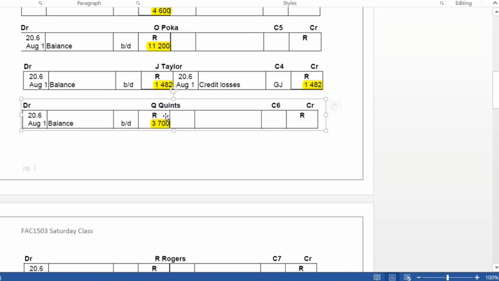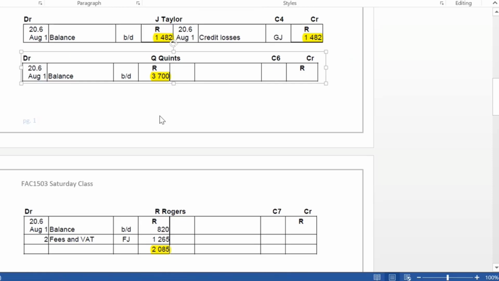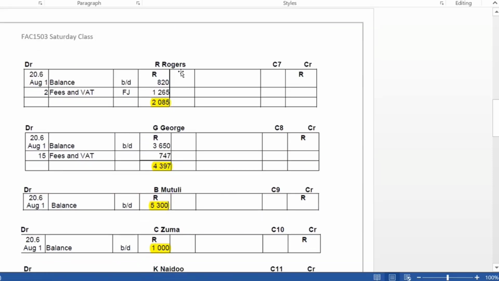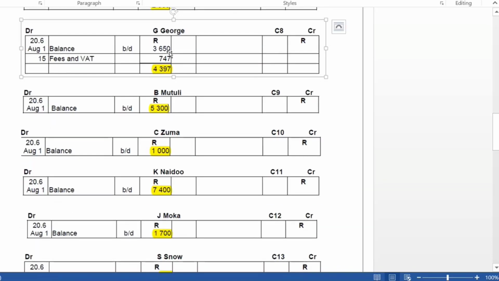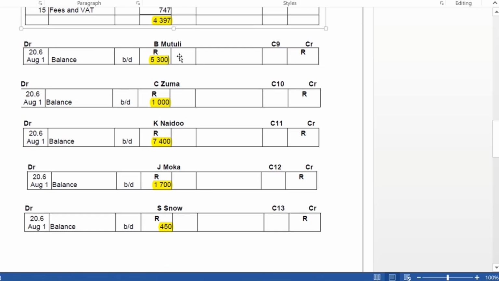And then Q Quince owes the business 3,700. R Rogers owes the business 2,085. G George owes the business 4,397. B Mutuli owes the business 5,300.